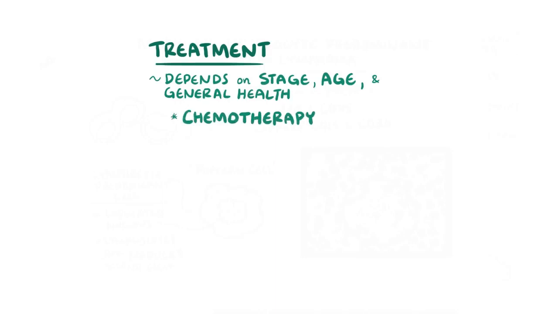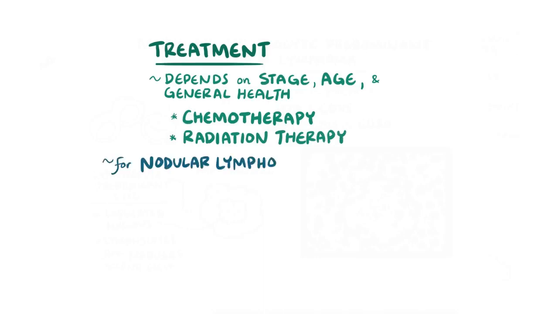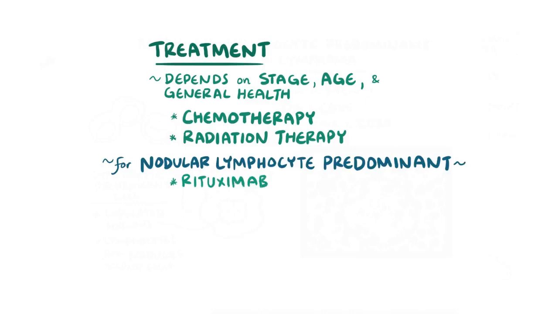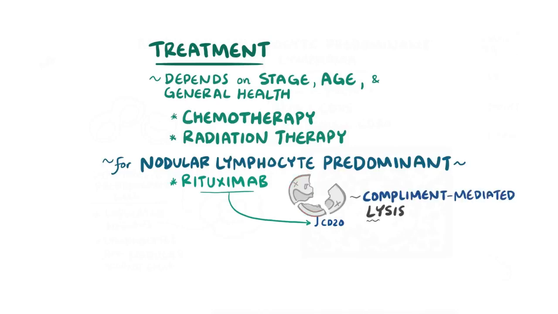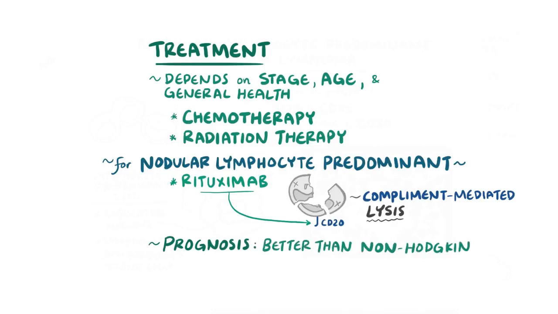Options include chemotherapy as well as radiation therapy. In nodular lymphocyte predominant Hodgkin lymphoma, rituximab can be used. Rituximab is a monoclonal antibody that binds to CD20, and when it binds, it induces complement-mediated lysis, which is direct cytotoxicity and causes apoptosis. Overall prognosis for Hodgkin lymphoma is better than that of non-Hodgkin lymphoma.